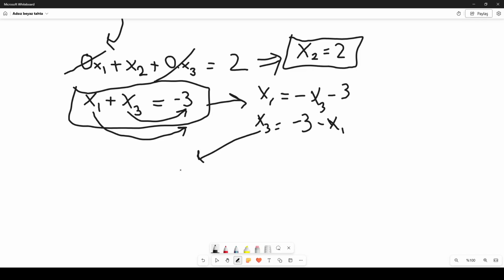So suppose x3 is equal to alpha. Then what it means is x1 is equal to minus 3 minus alpha. Therefore now I'm able to write both of these unknown variables with regard to an additional free variable, namely alpha. We can name it whatever we want, say beta or gamma, it doesn't matter.